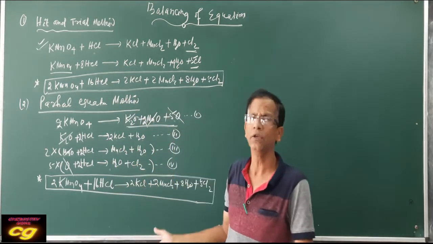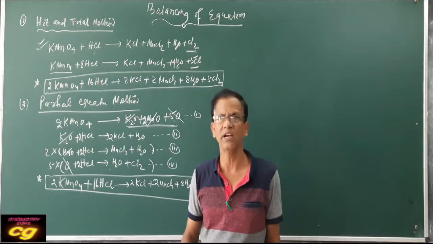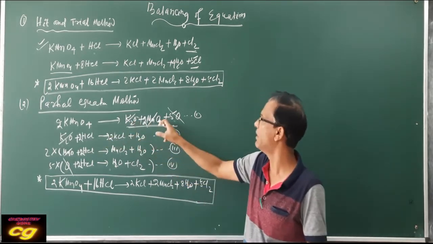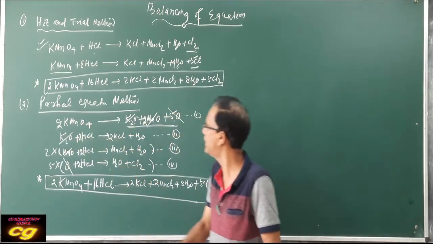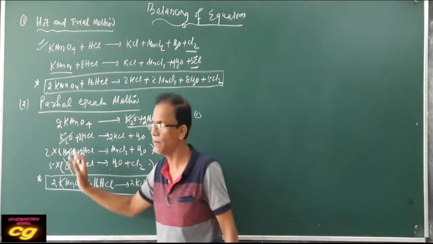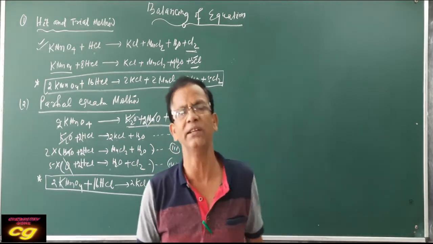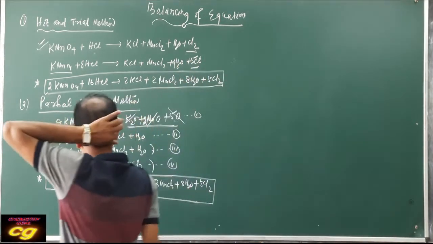Then accordingly you have to repeat the things which are not required on the left side. Here you see K2O and MnO are not required in the equation, so K2O is taken again on the left side, MnO taken on the left side, O is taken again on the left side, so that it will be cancelled and will not be repeated in the product. So this is a very important trick.